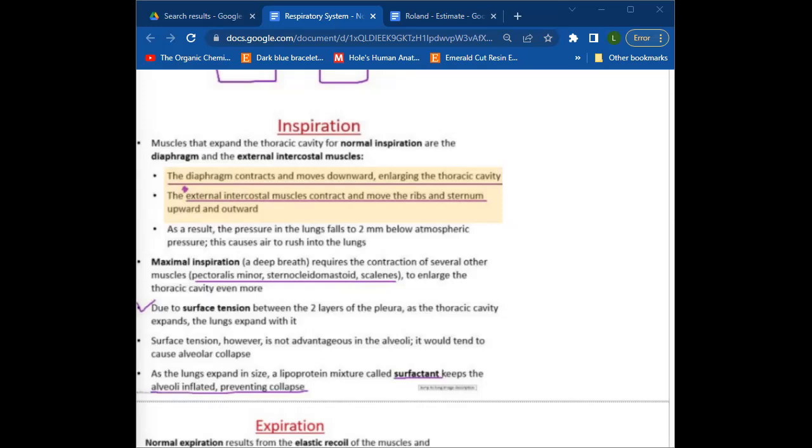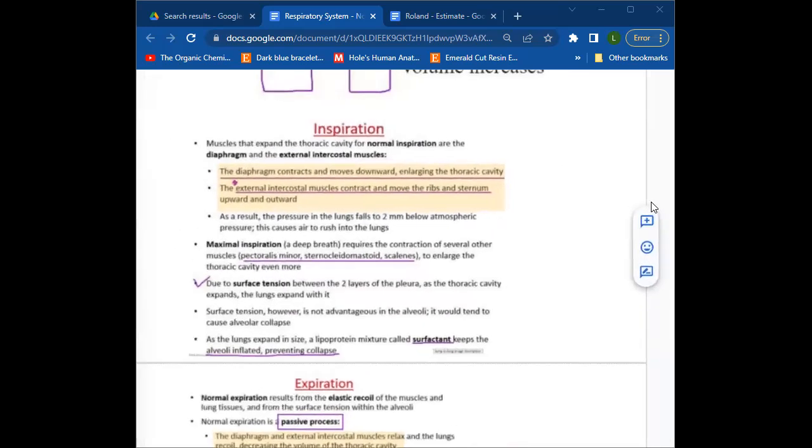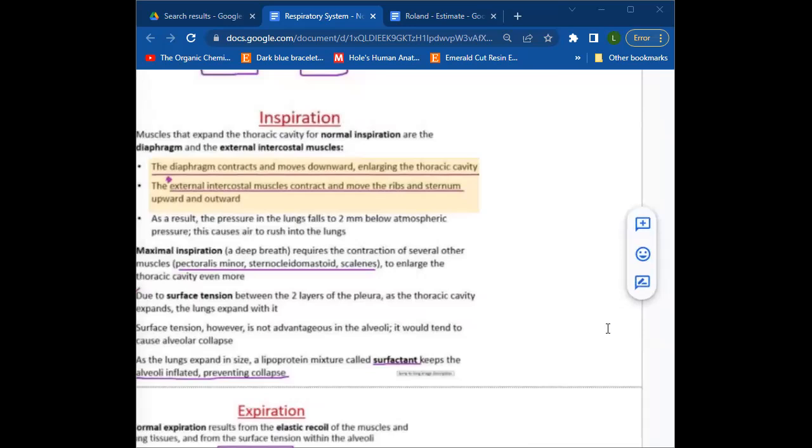When the diaphragm contracts, it moves downward. Let me draw the diaphragm. We need to know that the diaphragm, when it's relaxed, has a curved shape to it, and it sits pretty high.